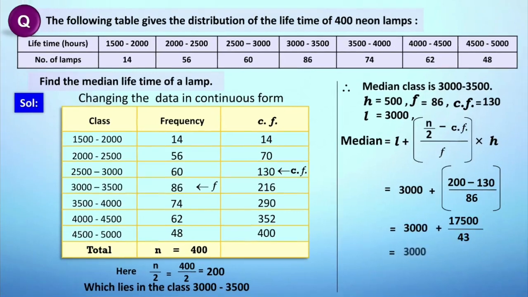We simplify it, we get 3000 plus 175 upon 43 will be 406.98, that is 3406.98 hours. With this, we know how to calculate median of any given data.